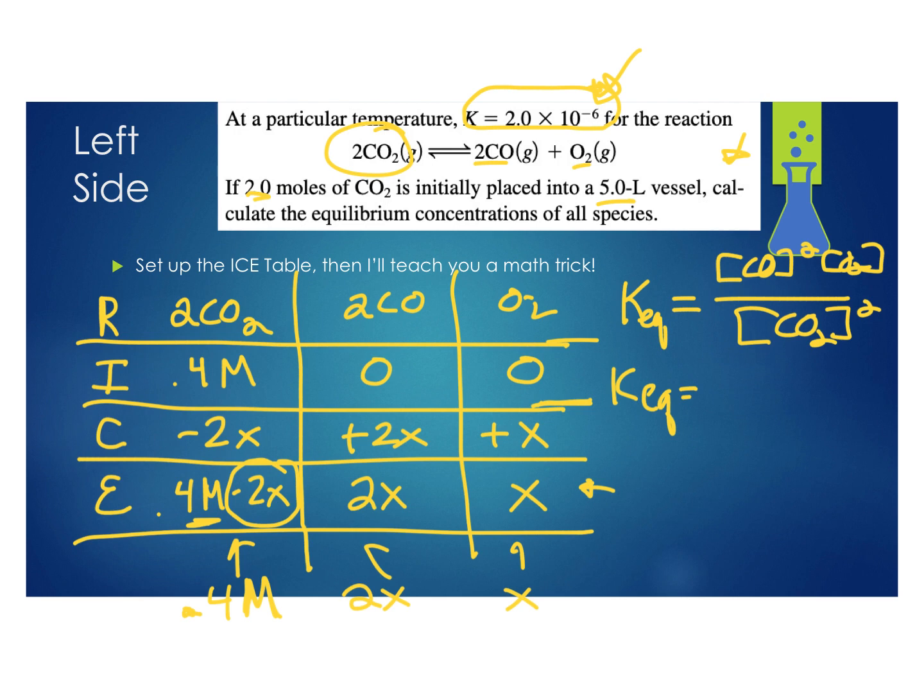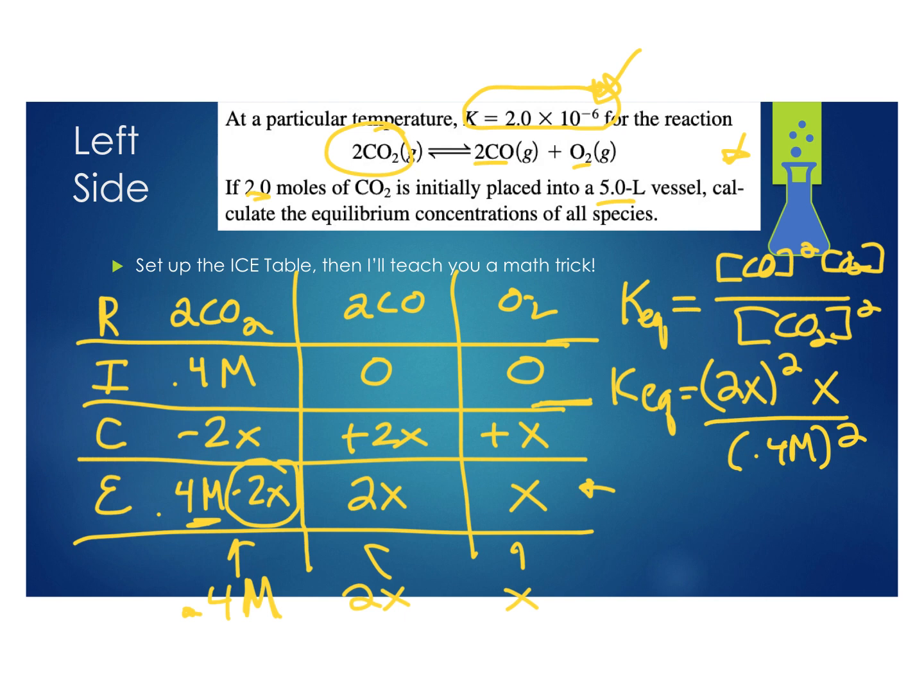So the concentration of CO is 2x, and we're still going to square that. The concentration of O2 is x, and we're going to put that over the concentration of CO2 squared. Well, CO2 is now going to be 0.4 molar squared.